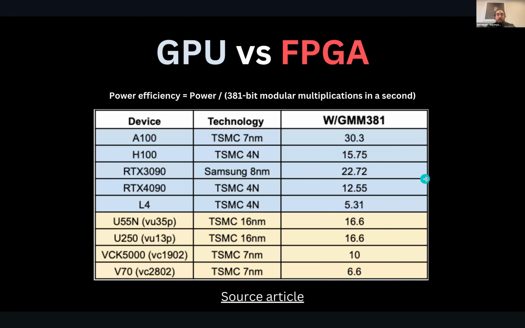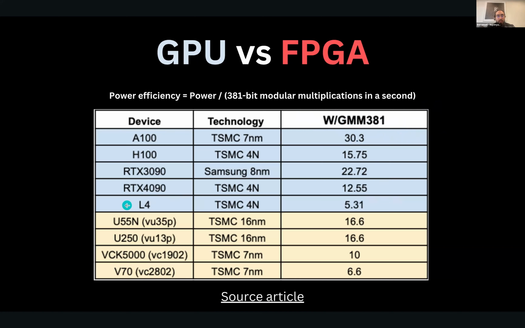At Ingonyama, we actually developed a metric for measuring power efficiency. We call it watts per GMM. GMM is basically modular multiplication. This is a core function that happens basically in MSM and FFT. So giga MMM is basically a billion modular multiplications per watt. So the lower is better, right?